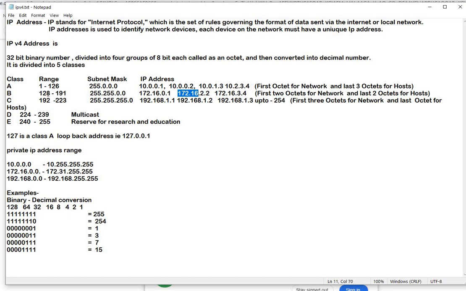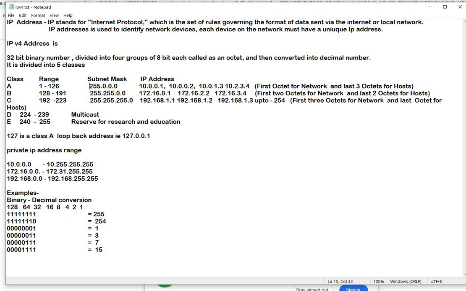So as you can see, 172 is in between 128 to 191, and the subnet mask also has 255 in the first 2 octets.